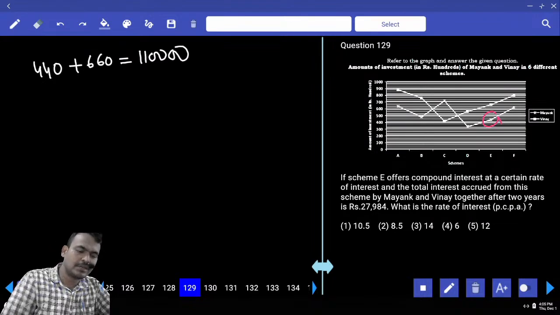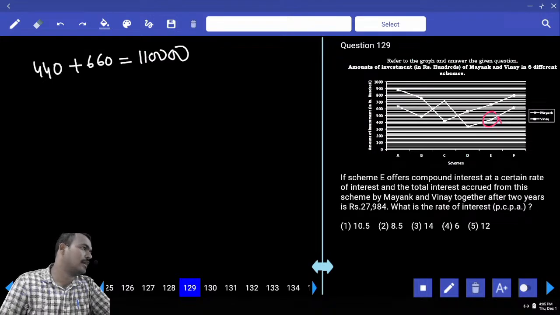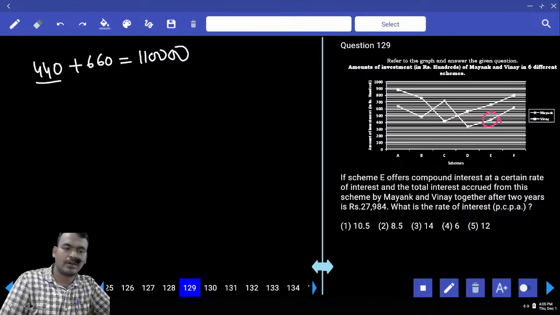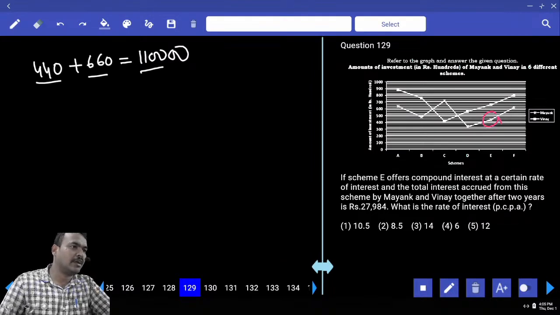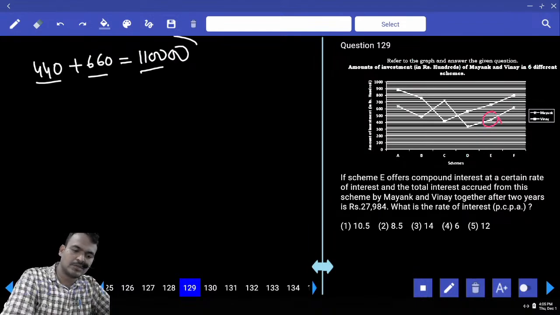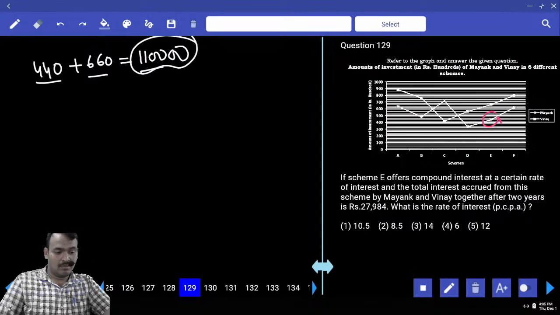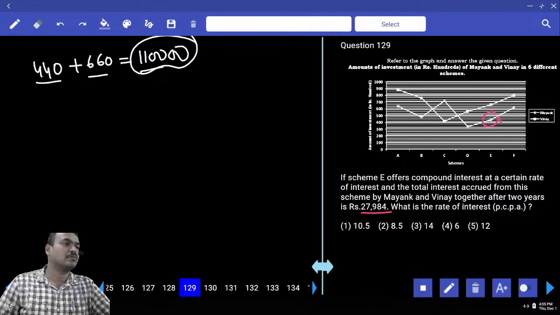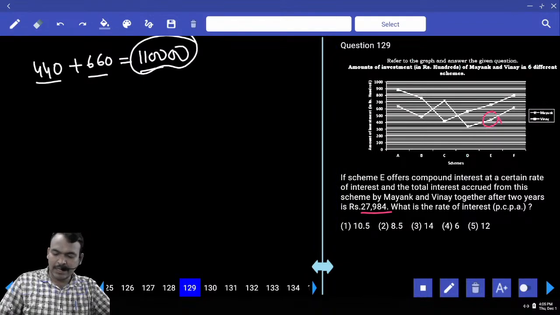We write another 2 zeros because the data are given in hundreds. First one investment 440, second one investment 660. What is the total investment? 1100. But we multiply by which one? 100. What is the total investment of both the persons? 1,10,000. What is the total interest for both the persons? 27,984.